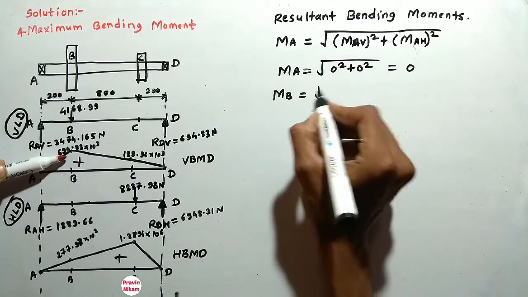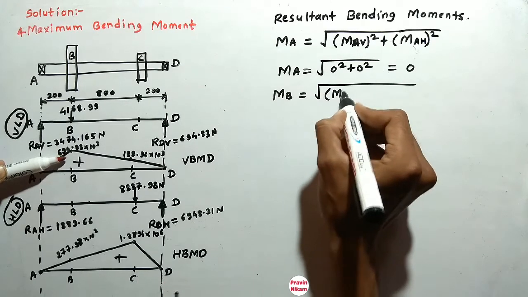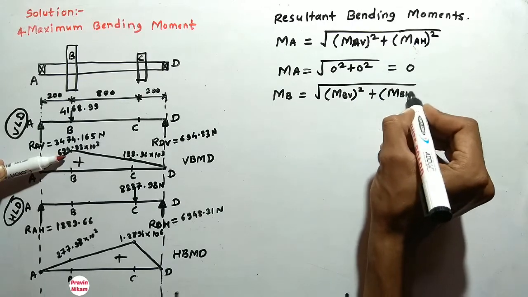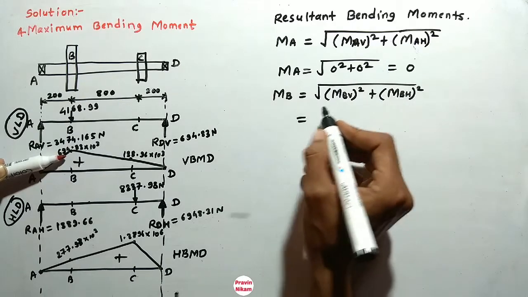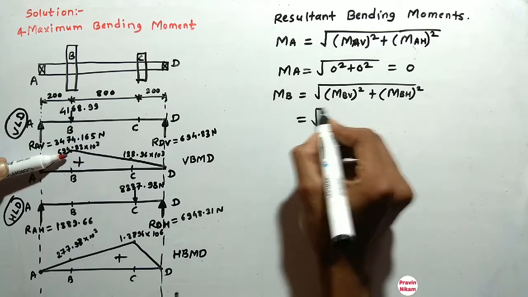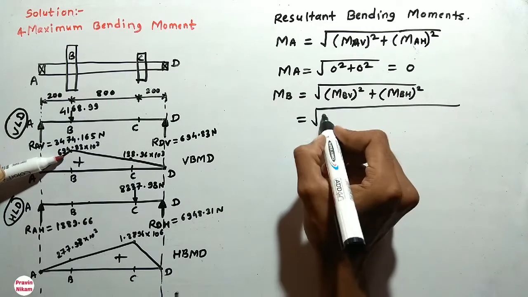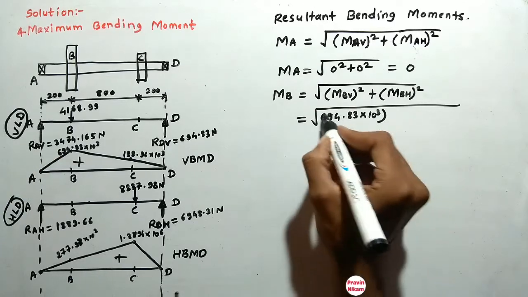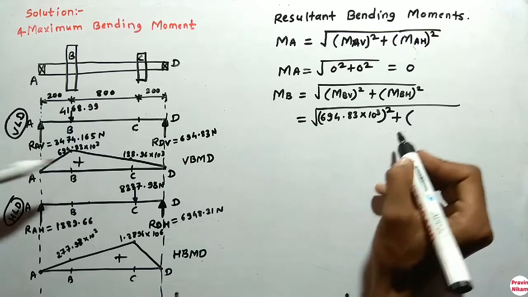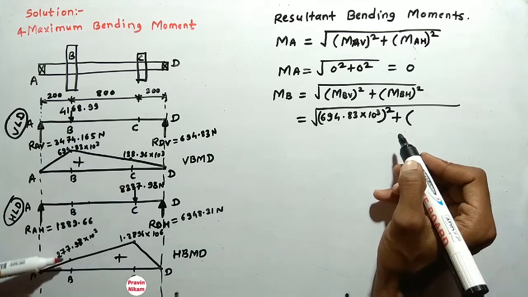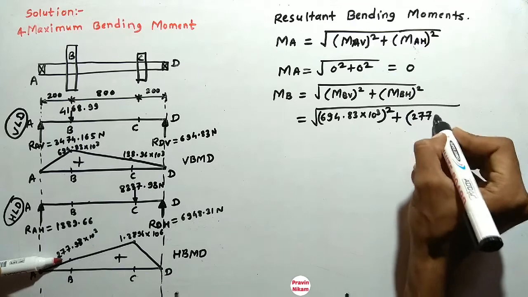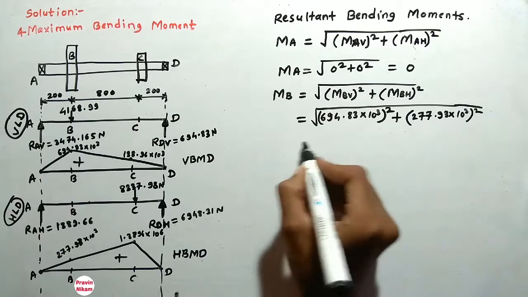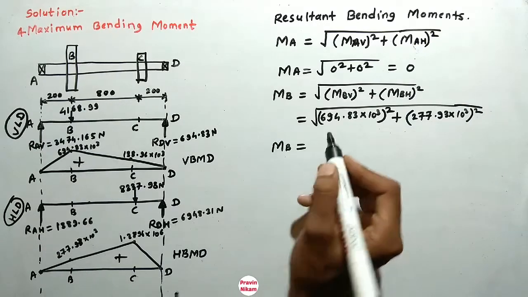Now MB, that is the resultant bending moment at point B. MB is equal to root of MBV square plus MBH square. So that is equal to root of 694.83 into 10 raised to 3, squared, plus MBH, 277.93 into 10 raised to 3, squared.